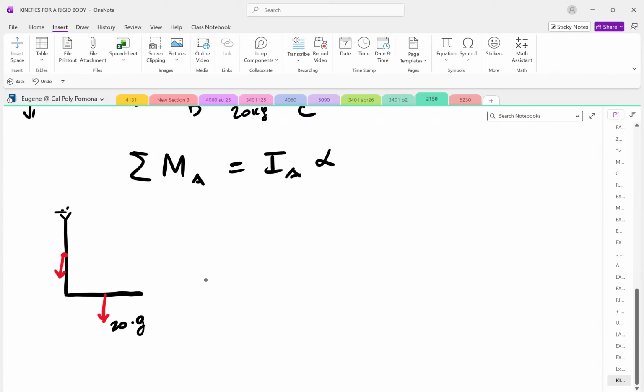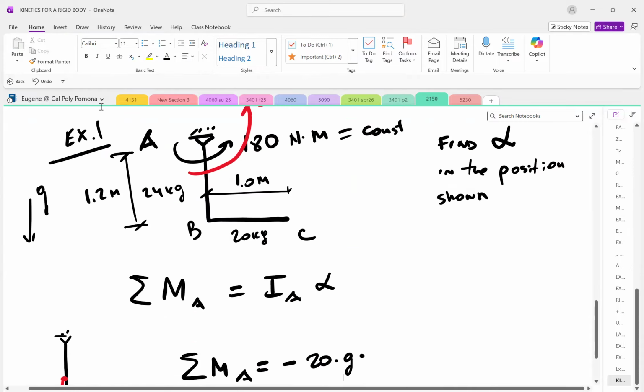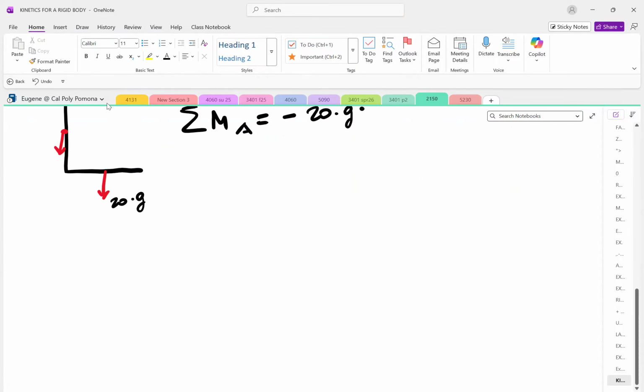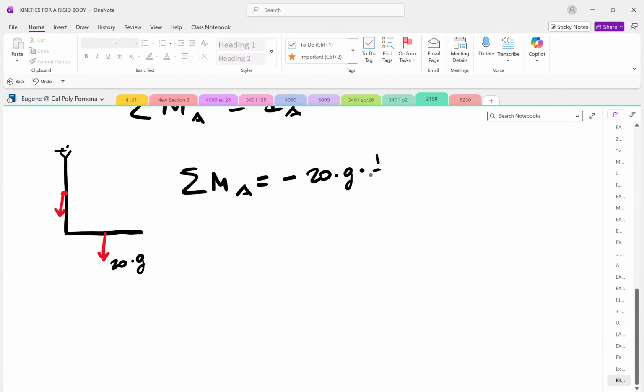Sum of the moments about A equals... It's going to go clockwise, right? It's going to be minus 20 times G times the moment arm. The moment arm is 1 meter over 2. Then G. We'll put the value of G later.